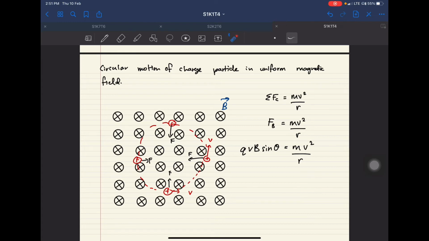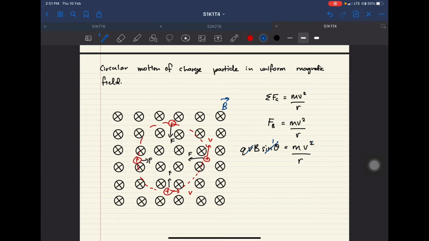You can take a pen, put it in that direction, and put your magnetic field into the page. The magnetic field will always remain into the page regardless of the position, and V will only move left and right. So the angle between them will always be 90 degrees. Because of that, this becomes sine 90, which is 1.